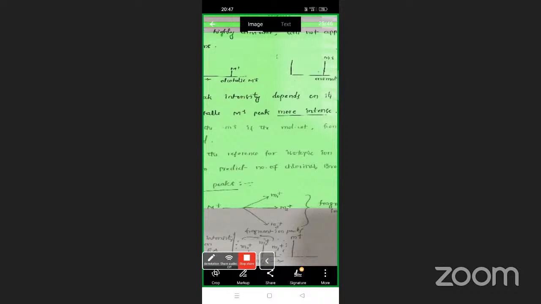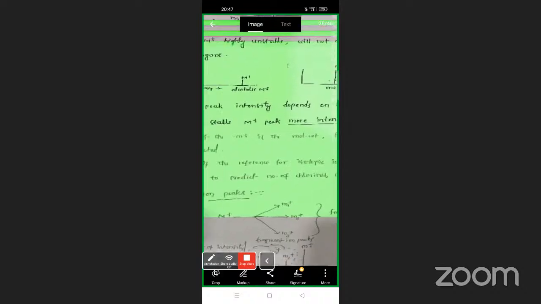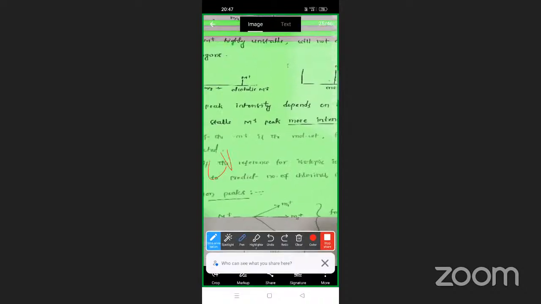For example, take a propyl group, propane, CH3 CH2 CH3. When it undergoes fragmentation, this is your molecular ion.